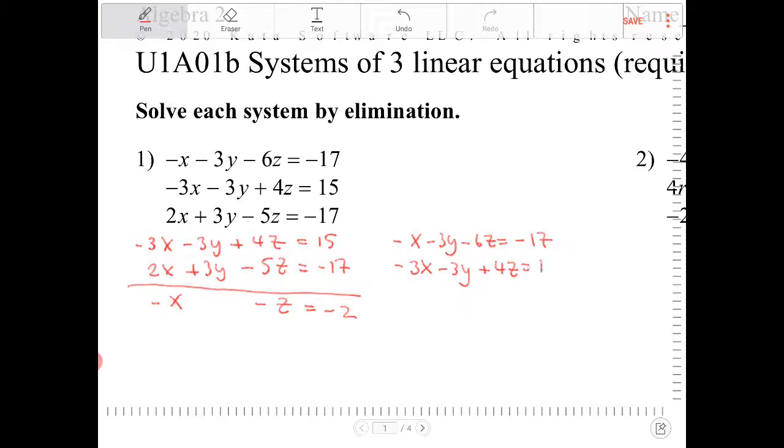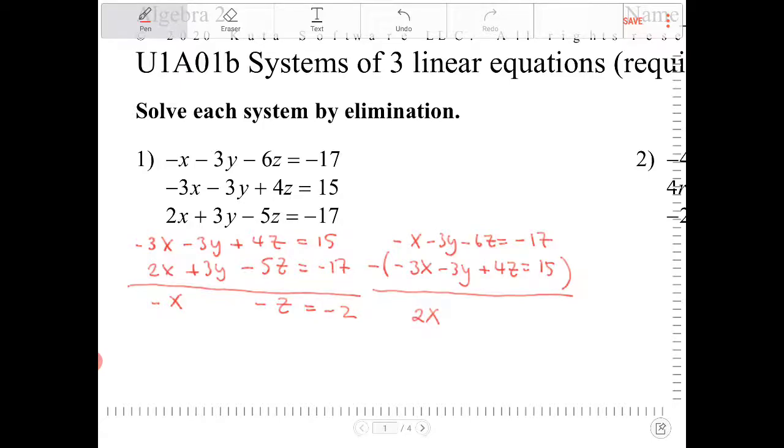is equal to 15. And what I'm going to do here is I am going to multiply the bottom equation here by negative and then add. Or you can think of it as just subtracting the top equation by the bottom equation. Either case is the same thing. So negative x minus negative 3x, or negative x plus negative times negative 3x, whichever way you want to think about it. Either case, I will end up with 2x.